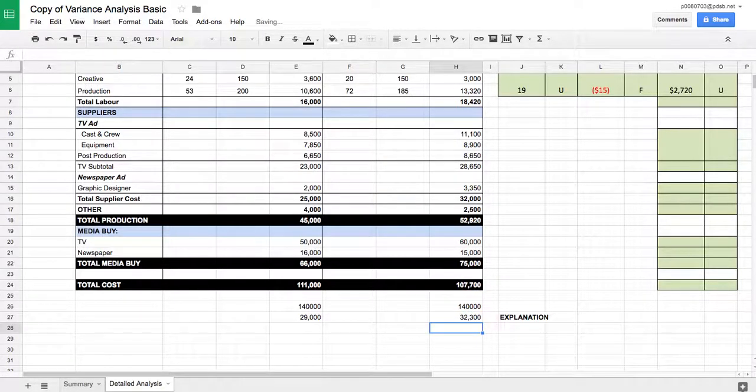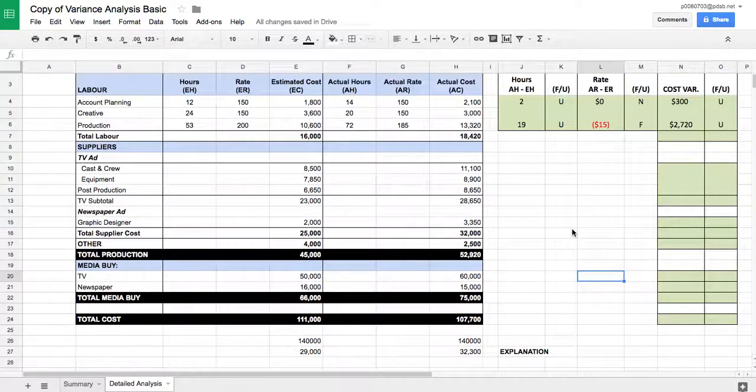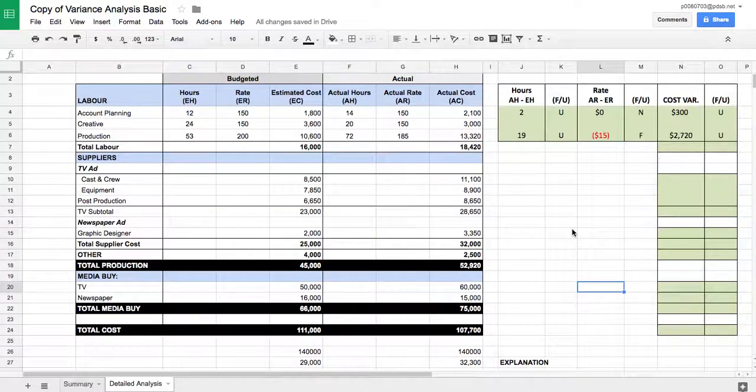Our profit actually went up to 32,300, which is a good thing. Okay, and the question again is why did it go up? Not too many people are probably going to question you when we have more profit than we originally thought. It's usually the other way around, but we still, as an agency, need to know and attribute and account for all the difference between budgets and actual.